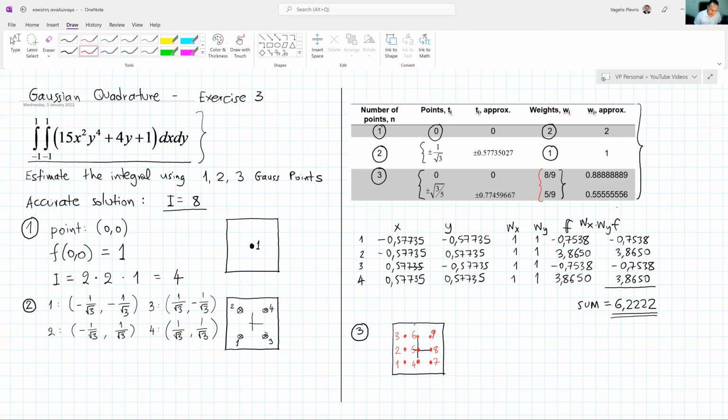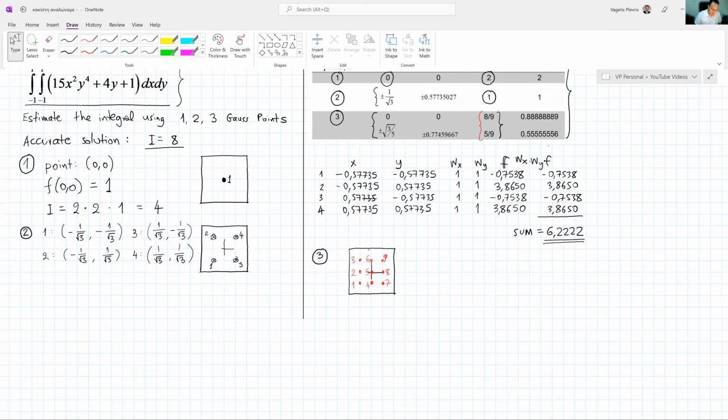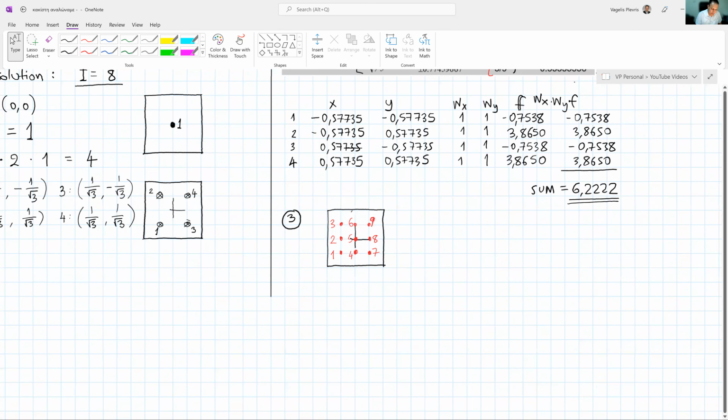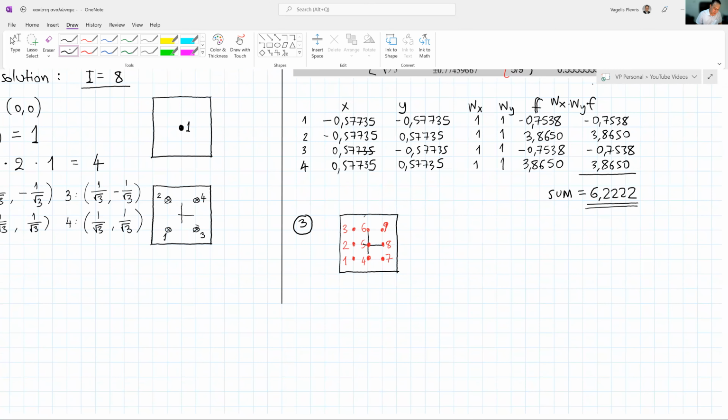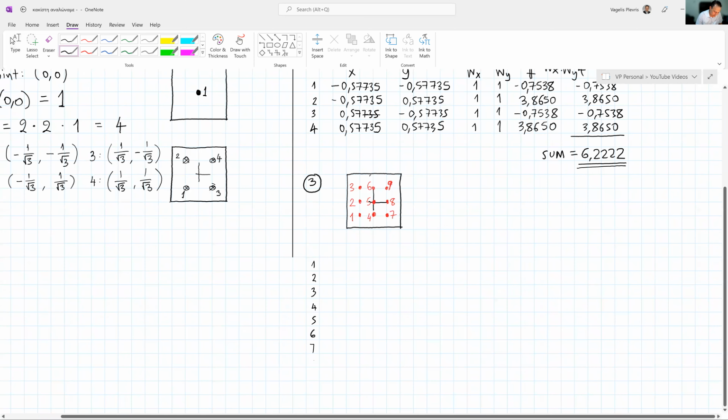I need to make another table for this case, so I will do it right now, where again I need to write 9 points. 1, 2, 3, 4, 5, 6, 7, 8, 9.